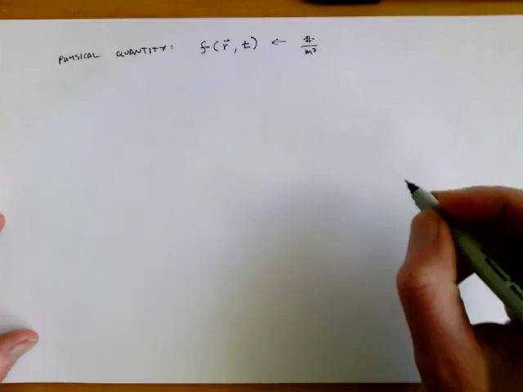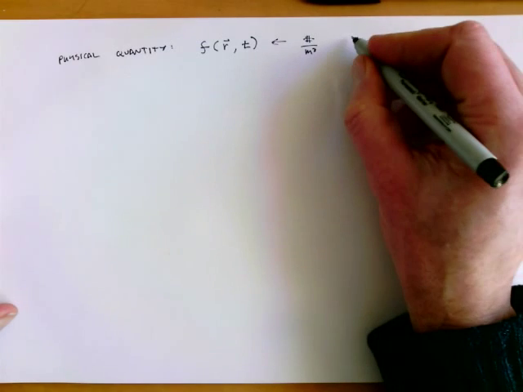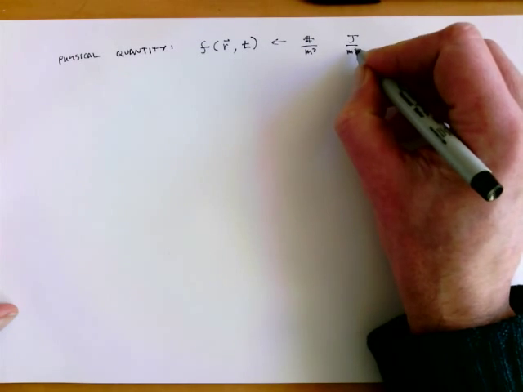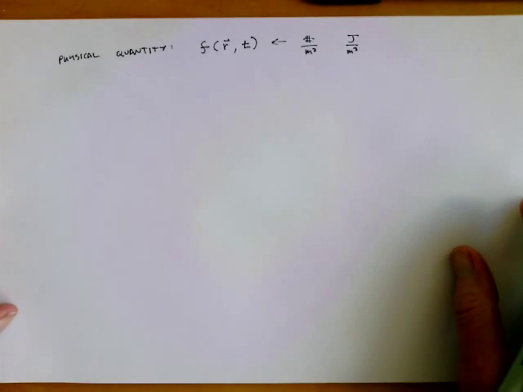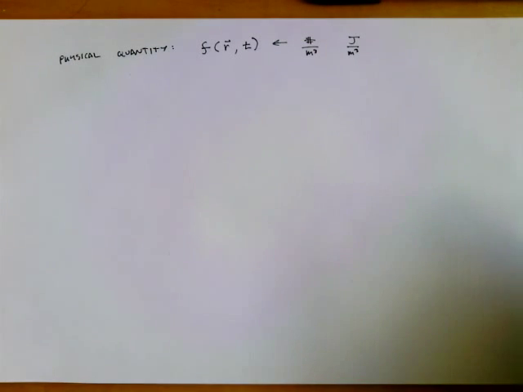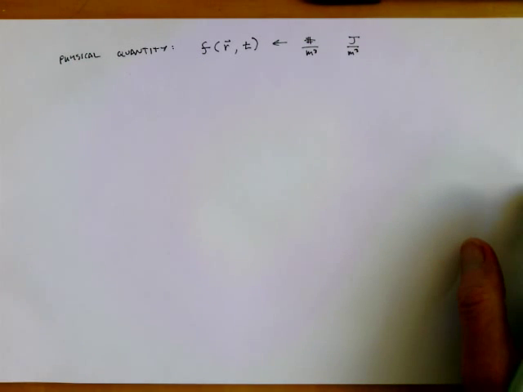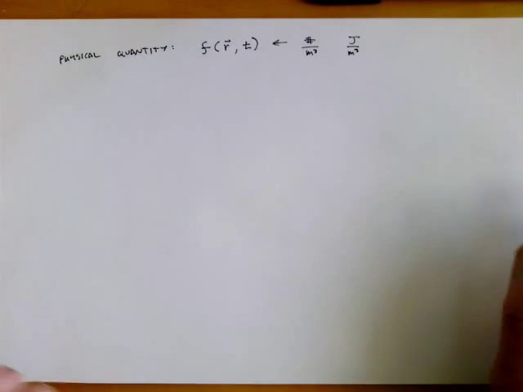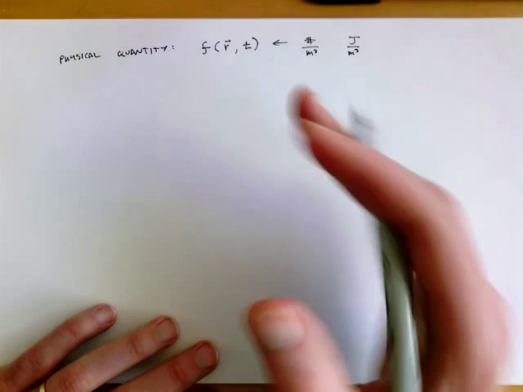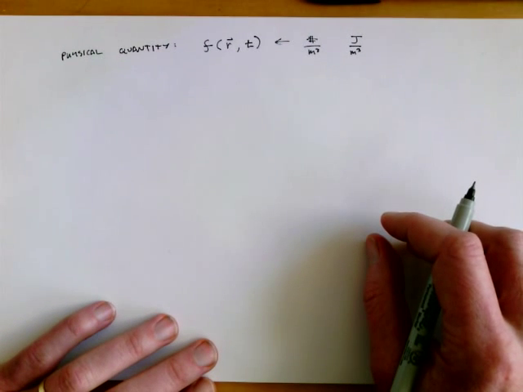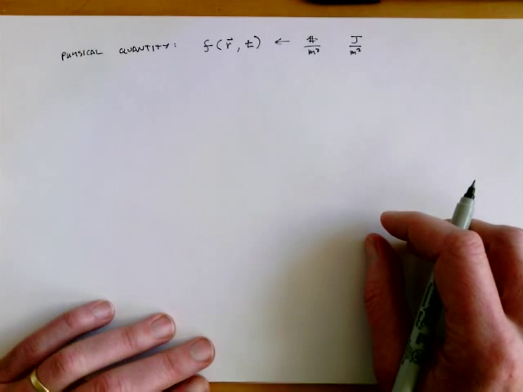So it could be a particle density, it could be an energy density, right? So for example, if I were thinking about how much thermal energy was stored in something, I would talk about how the thermal energy density was changing and was different in different places. It could be a charge density, it could be any physical quantity as long as we're talking about something where the idea of conservation makes sense.